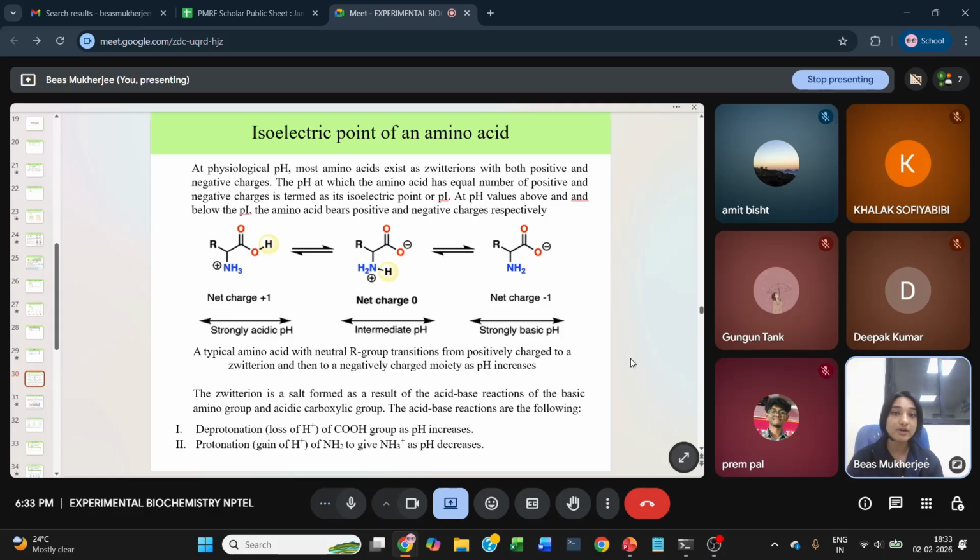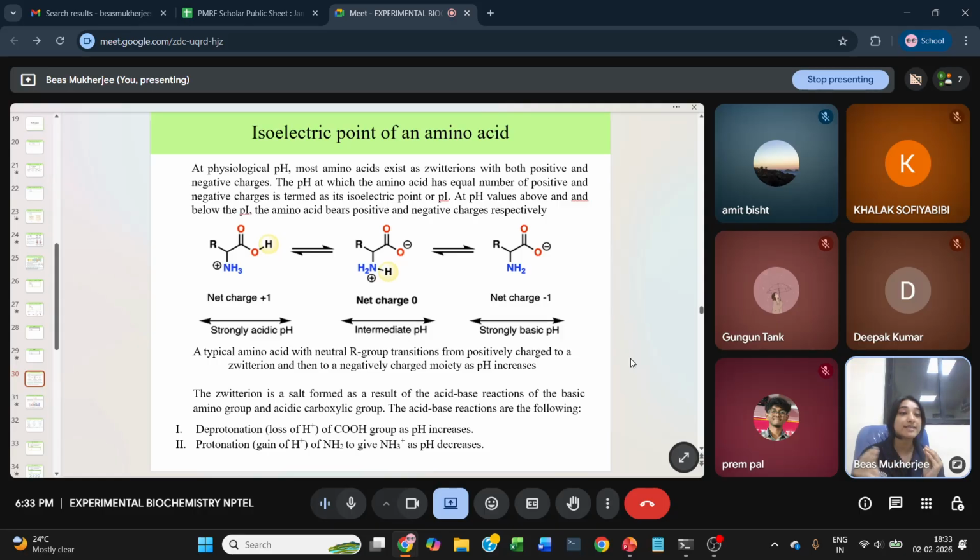Okay. Now, at pH values below and above the pI, the amino acid bears positive and negative charges respectively. How are you going to remember? It is exactly the opposite of the number line. In the number line, on the left hand side of 0 it is negative, but on the right hand side of 0 it is positive. Here, this is the pI, the pH value at which the net charge of the molecule is 0. On the right hand side of it, it becomes negative, and on the left hand side of it, it becomes positive.